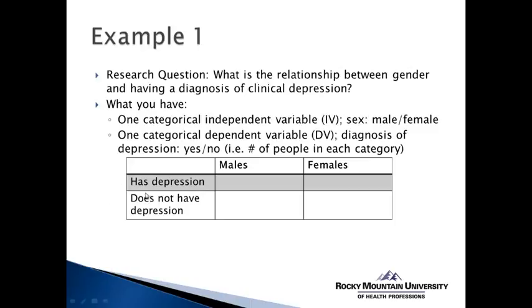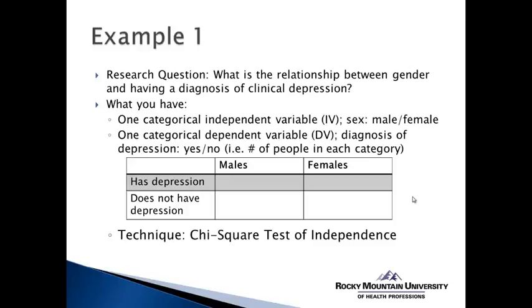Well, this is a non-numeric outcome, so we can't use a t-test. That's one of the assumptions of t-testing, is it has to be a numeric outcome. So because we have a categorical outcome, we can choose a technique known as the chi-square test of independence. Okay, so that will be the process of going through and deciding what technique would be used for that example.